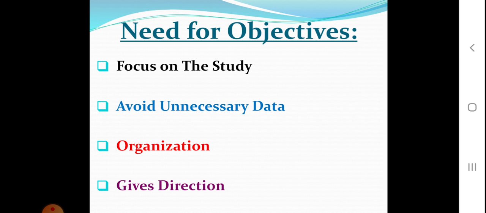The second need is avoid unnecessary data. Means, dear students, the formulation of research objectives helps the researcher to avoid unnecessary accumulation of data that is not essential for the chosen problem.